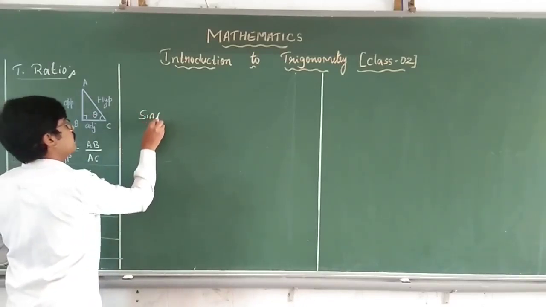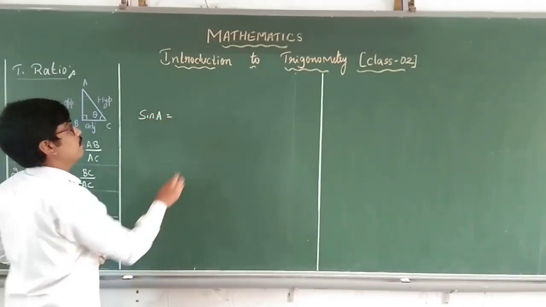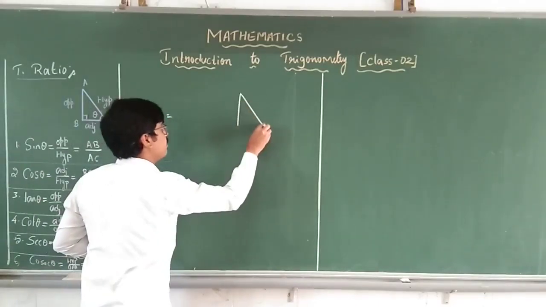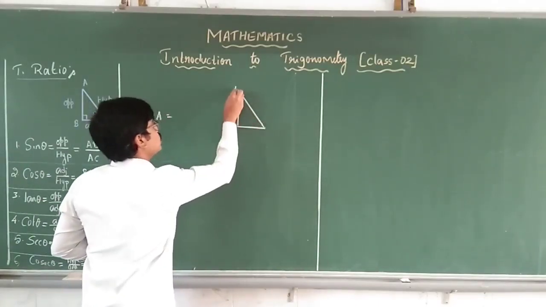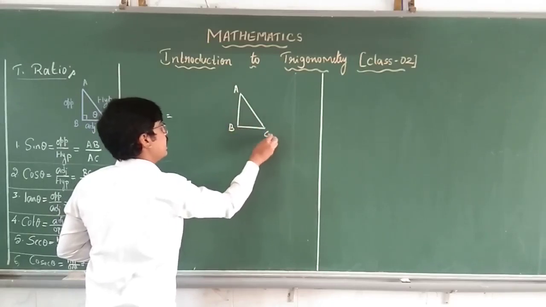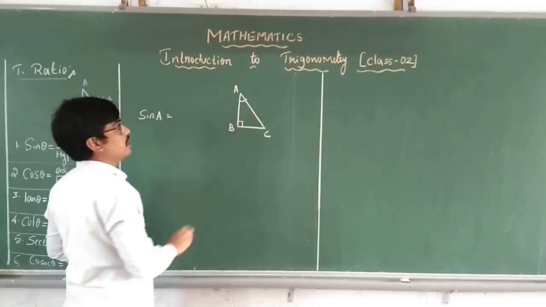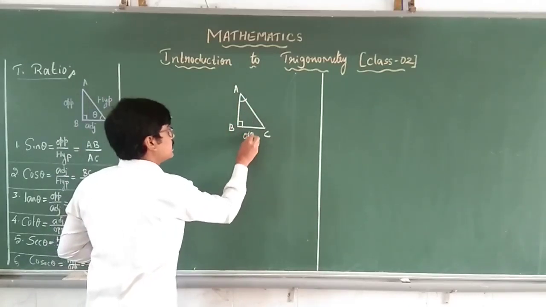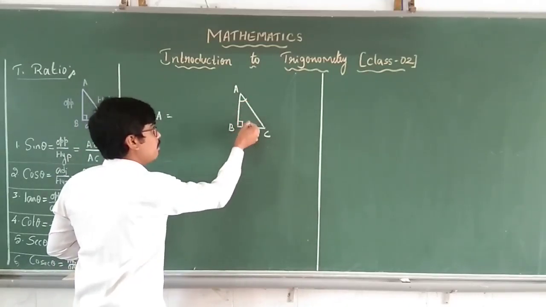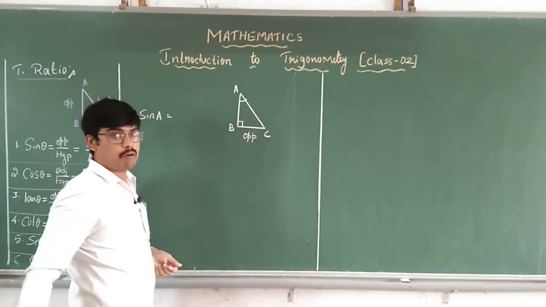For example, in the same figure, if I define T ratios for acute angle A, then this becomes the acute angle and this becomes the right angle. Then this will act as opposite now, because the side opposite to the acute angle is to be taken as opposite.